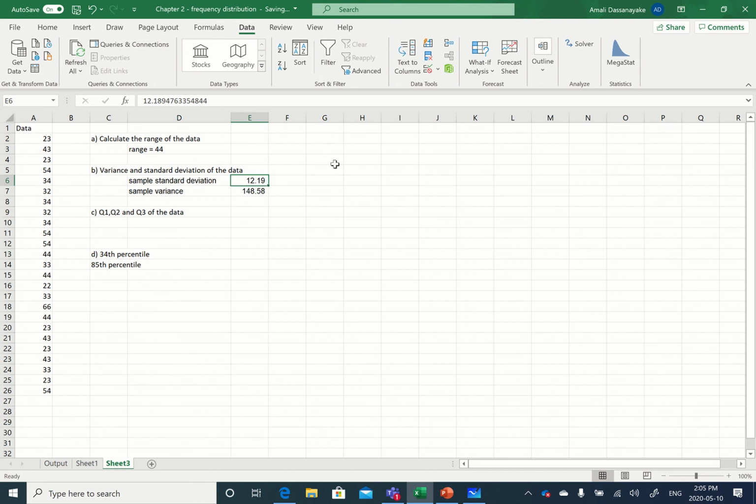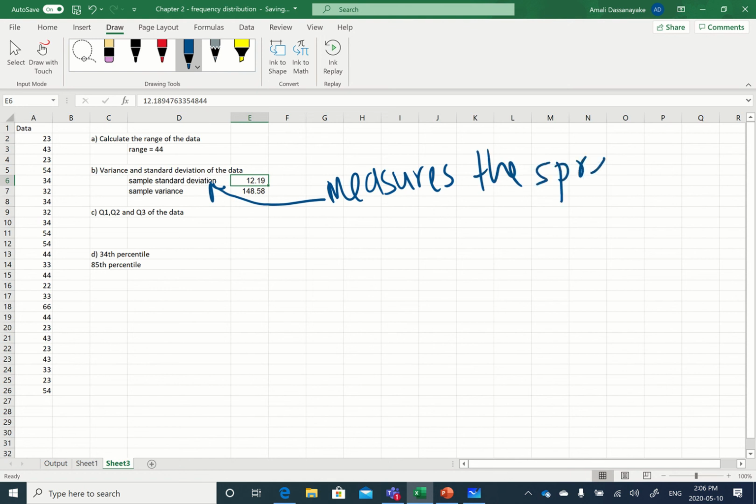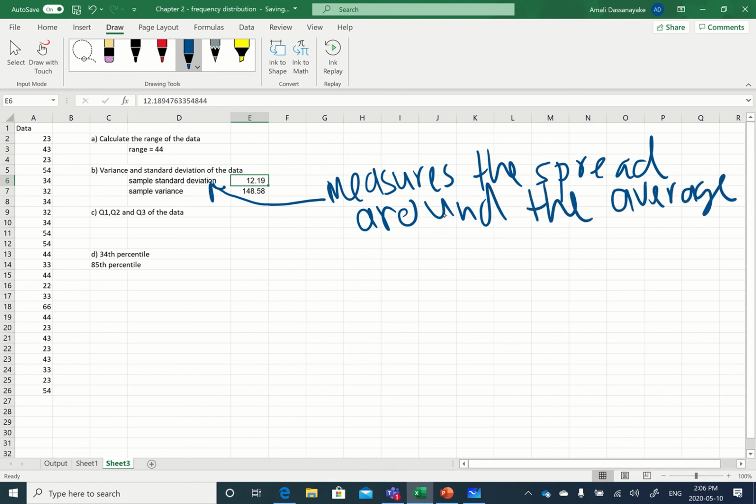What this means is that you have around 12.19 spread around the mean. So the standard deviation actually measures the spread around the average of the data.